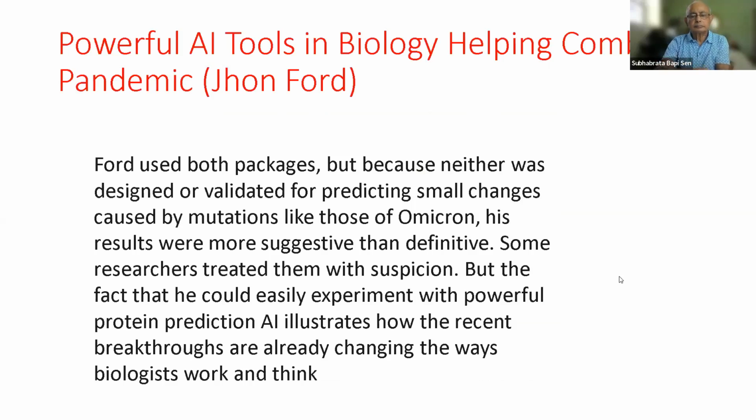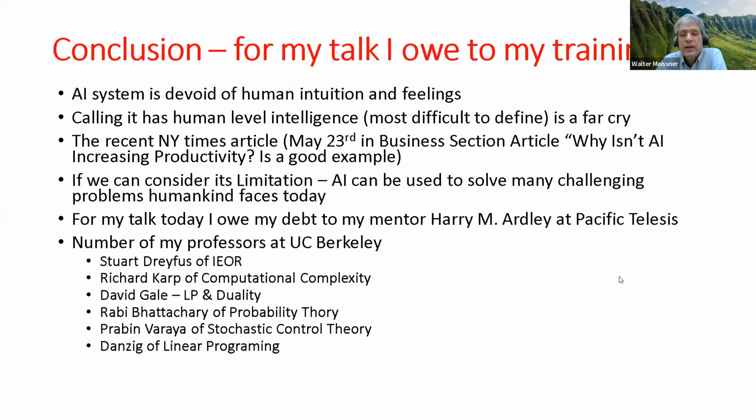In conclusion of my talk, AI systems are devoid of human intuition and feelings. Calling it human-level intelligence, which is most difficult to define, is a far cry. The recent New York Times article of May 23rd in the business section asks, why isn't AI increasing productivity? It's a good example.